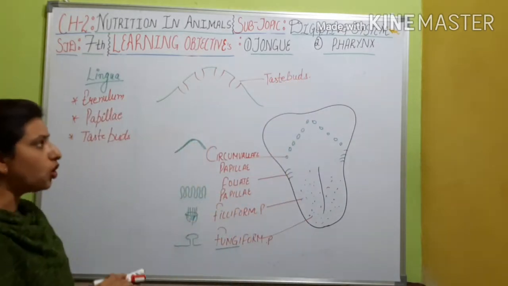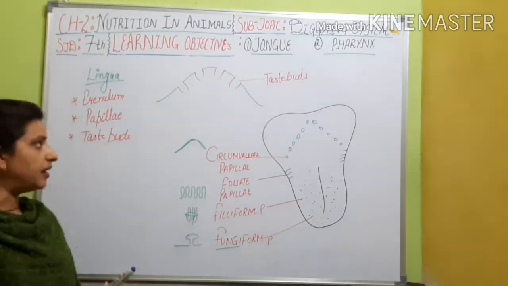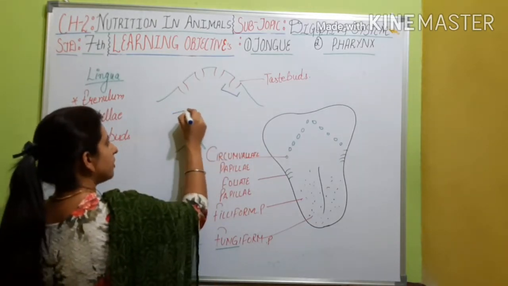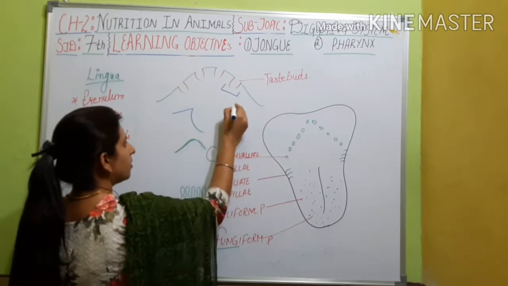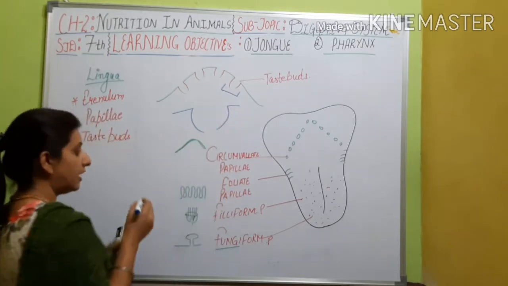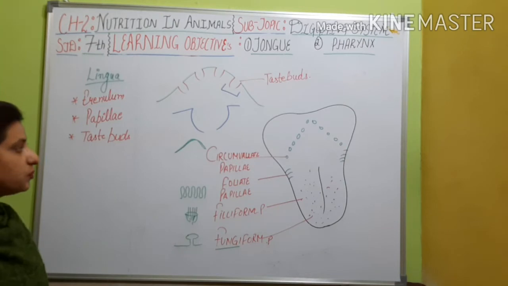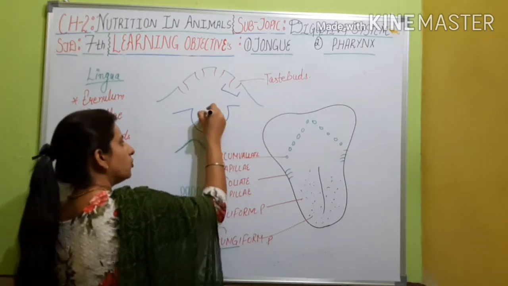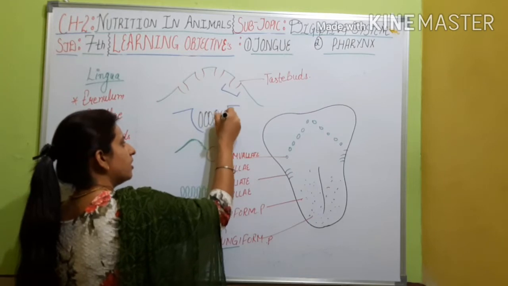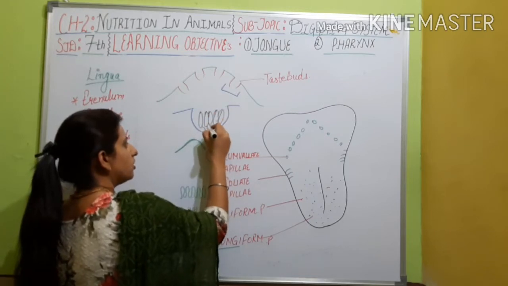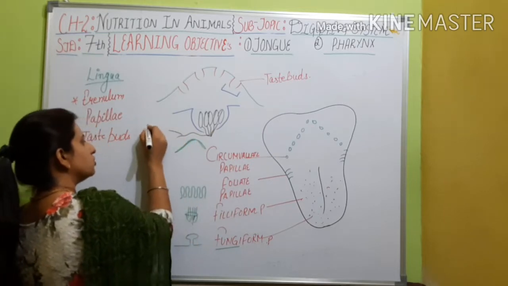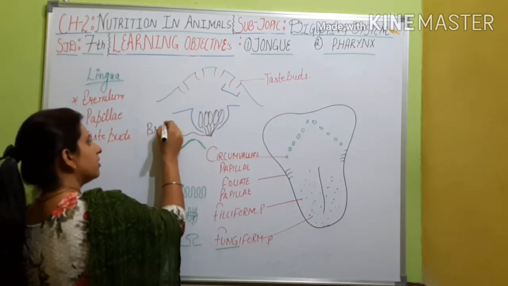If I draw one taste bud, if I draw this much of a section, it would be like this. Inside this there are some long columnar cells, and they have nerves in their endings, and these nerves will give signals to the brain.